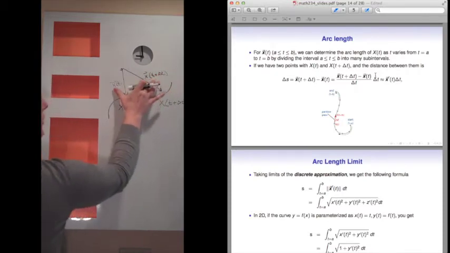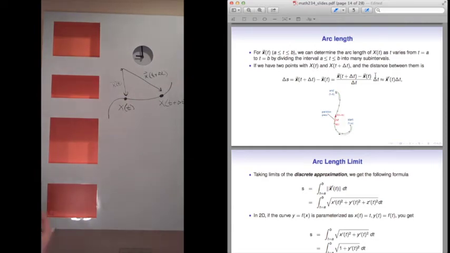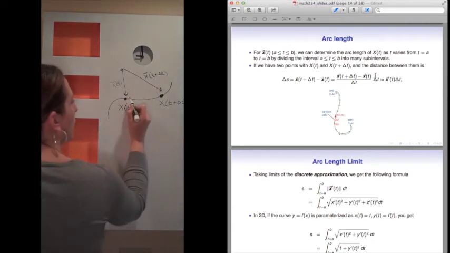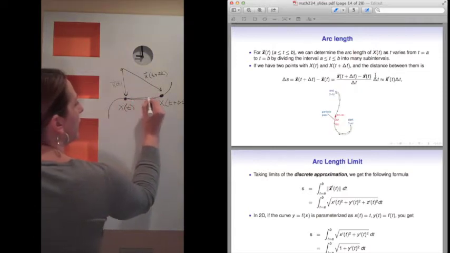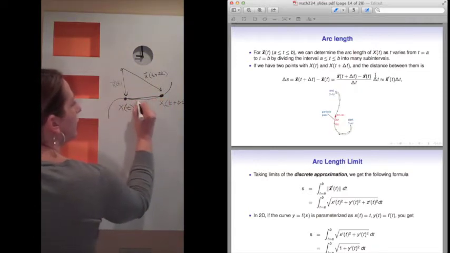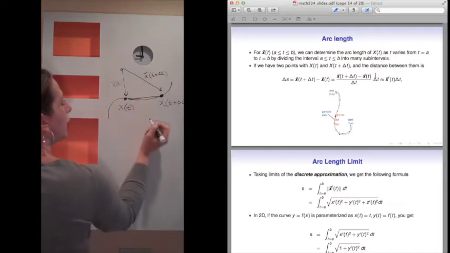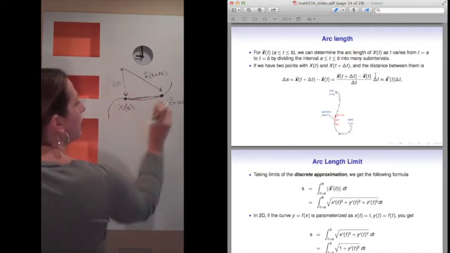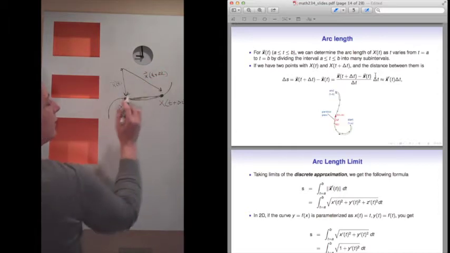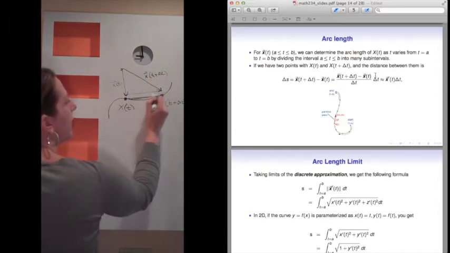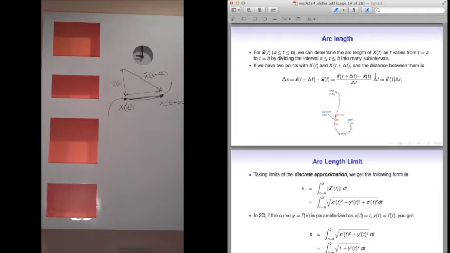Don't worry about these too much, except they appear in the formulas. And so what we would like to do is estimate a distance for this part of the curve using the distance between these 2 points, which is also the same as the distance if we subtract these vectors and then take a length. Okay, so what is that?